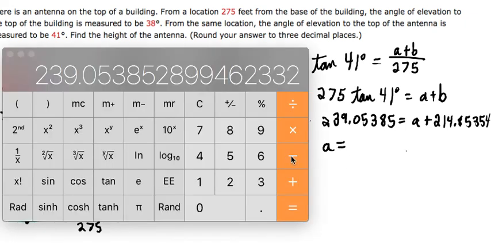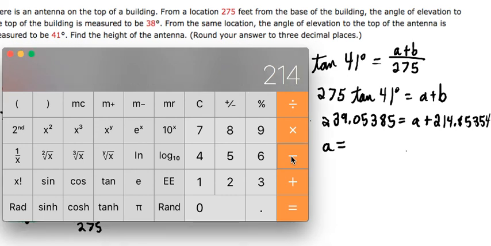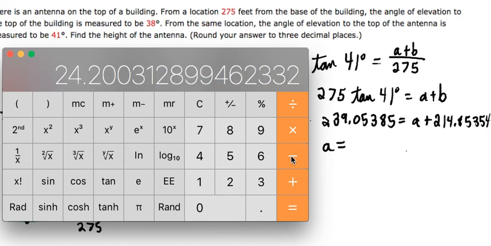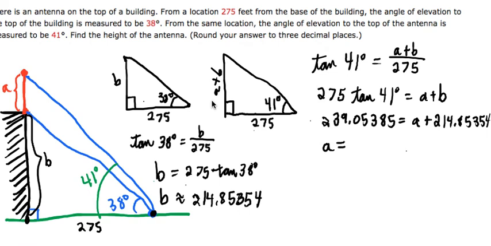So if we compute this number minus 214.85354, we get 24.200 rounded to 3 decimal places. And that's it for this problem.